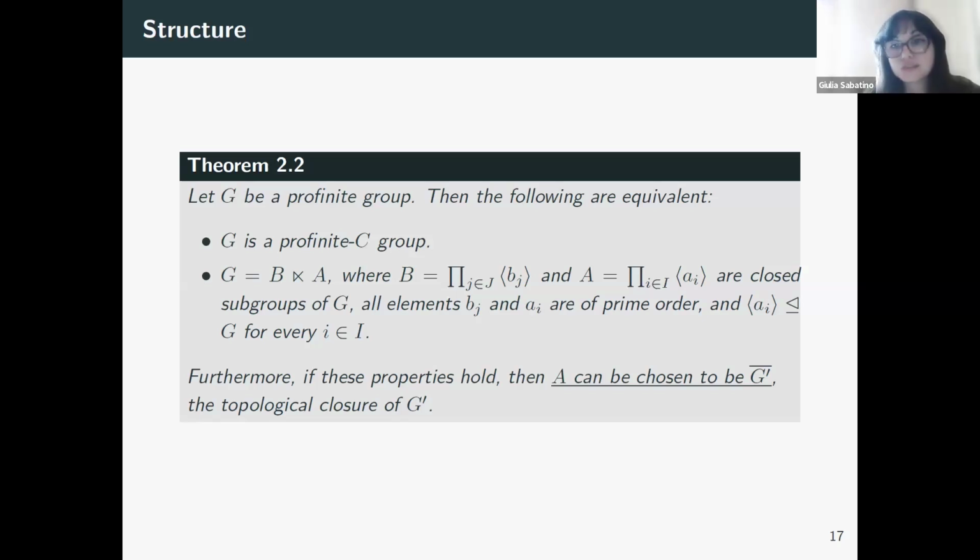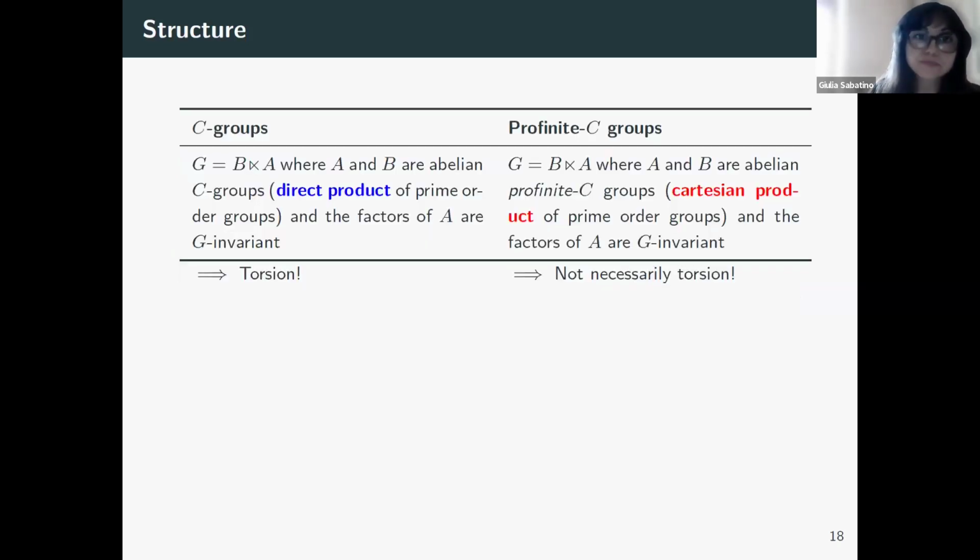Furthermore, A can be chosen to be the topological closure of the commutator subgroup. Indeed, here we use that G over this topological closure is abelian, so the complement of this subgroup is a direct product, or a Cartesian product, sorry, of subgroups of prime order.